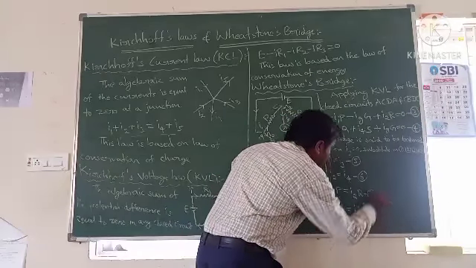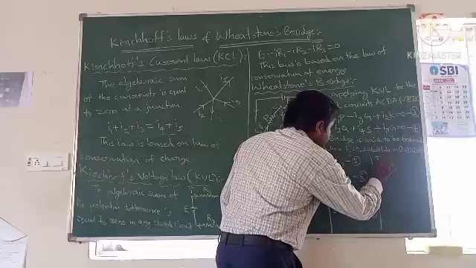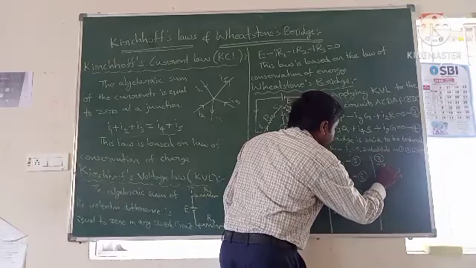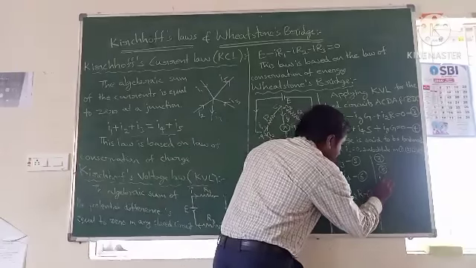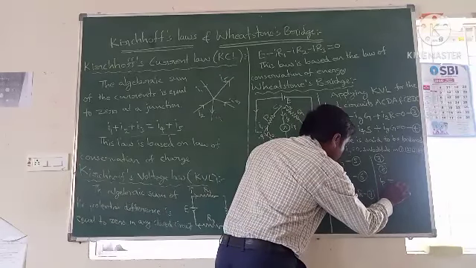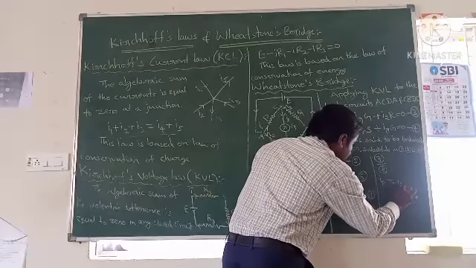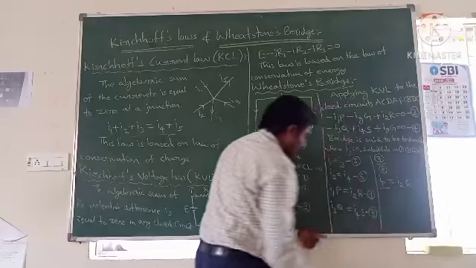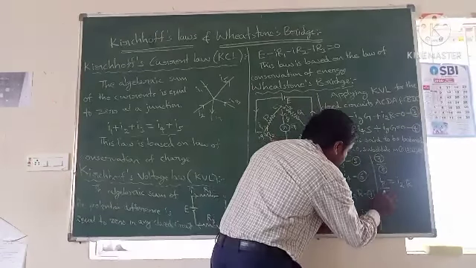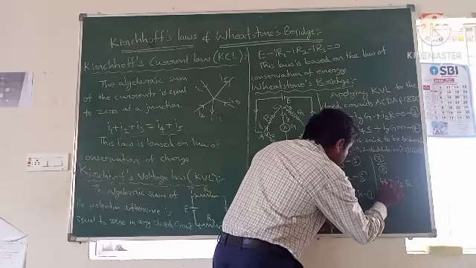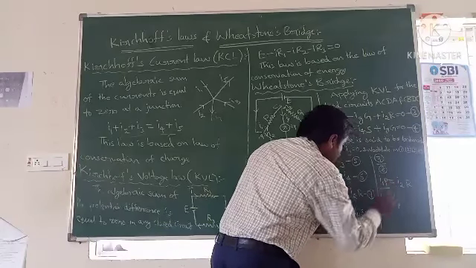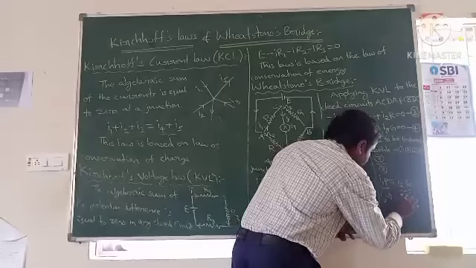Equation number 8. Then divide equation 7 by equation 8. Equation 7 is I1 p equals I2 r, and equation 8 is I3 q equals I4 s.